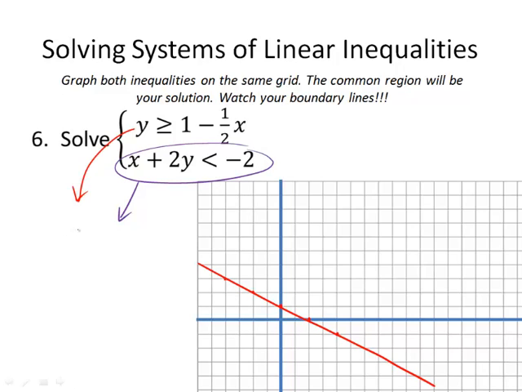We want to solve this, so 2y equal to negative x minus 2, y equal to negative 1/2 x minus 1. Starts at negative 1, goes down 1 over 2, down 1 over 2, down 1 over 2. And this one is not including.